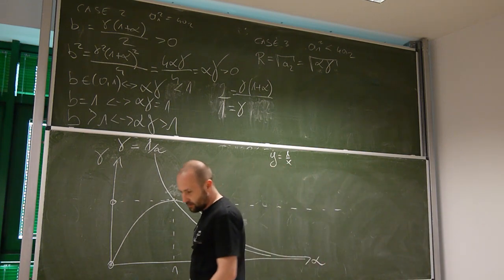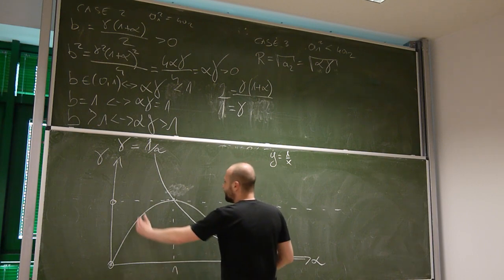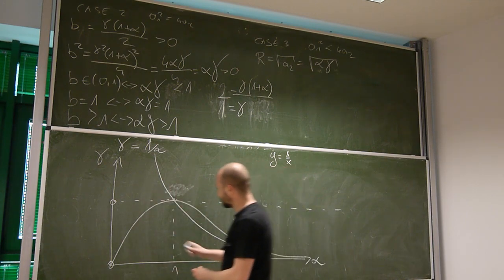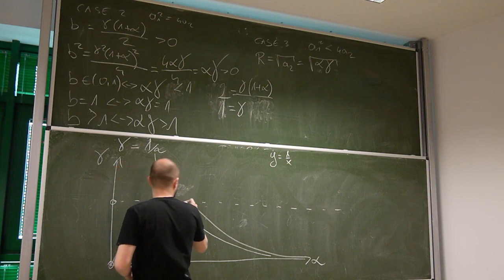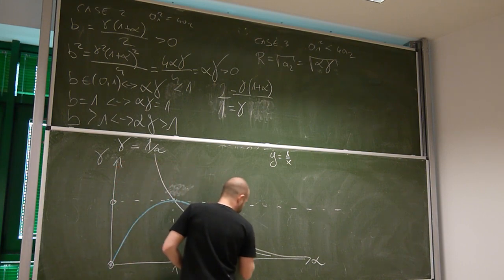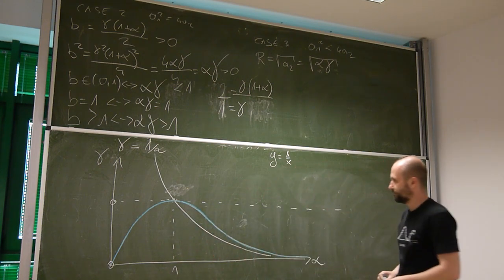Okay, and now look, what do we see? We remember that if we are above this line, this line means repeated roots.